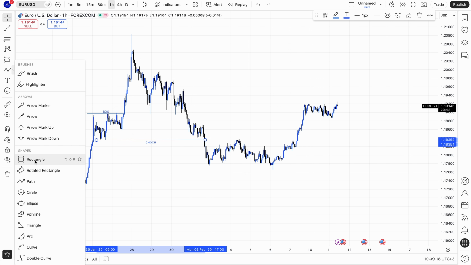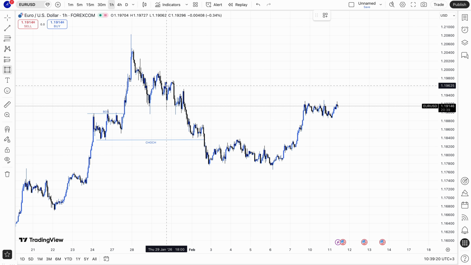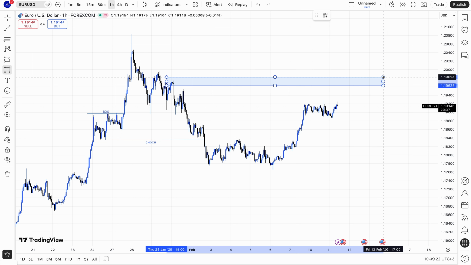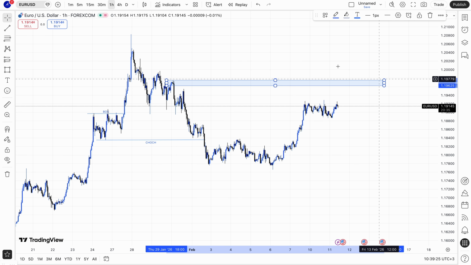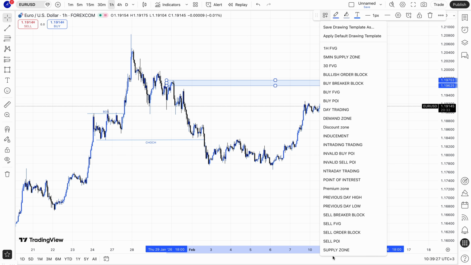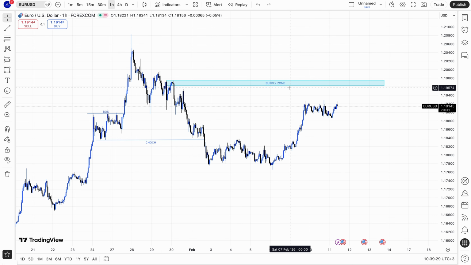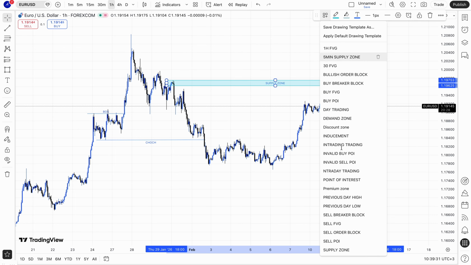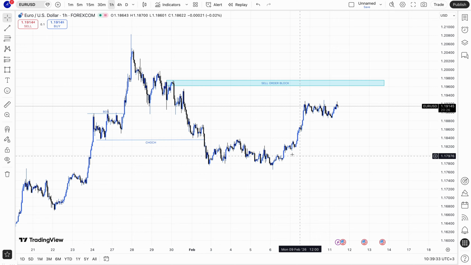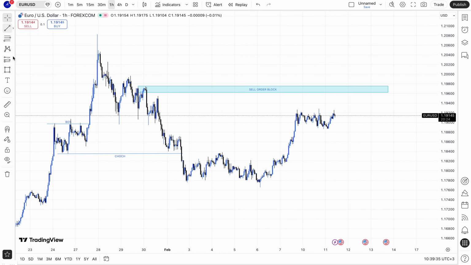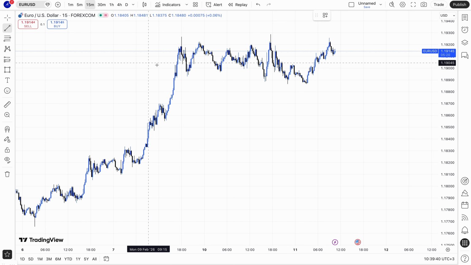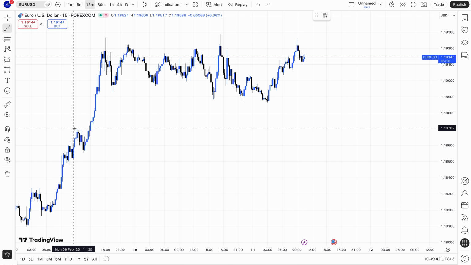So we have our first supply zone, which is this one. Our first order block, which is this one. Then when you go down to 15 minutes, you can see we have, apologies guys.